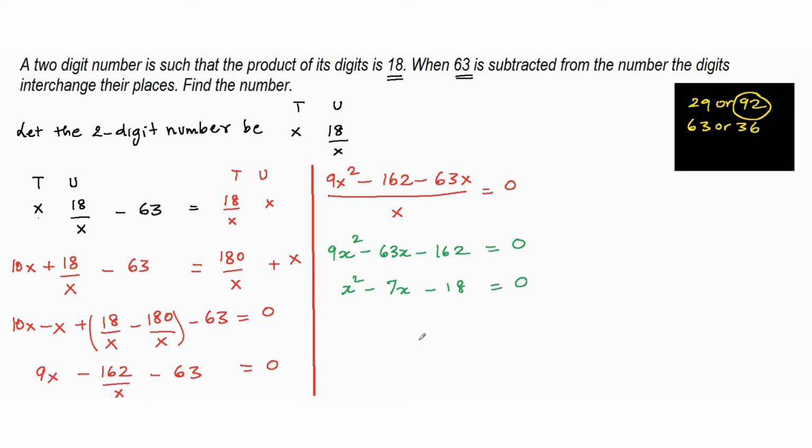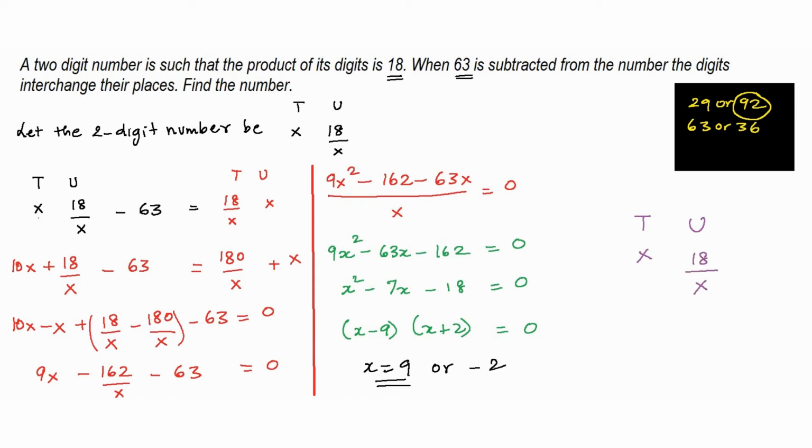So now you have a quadratic equation to solve, and I can of course factorize this as x minus 9 into x plus 2 is equal to 0, which means x is either 9 or negative 2. And if x is equal to 9, I can now find the digits. The digits are, the tens place was x and units place was 18 upon x.